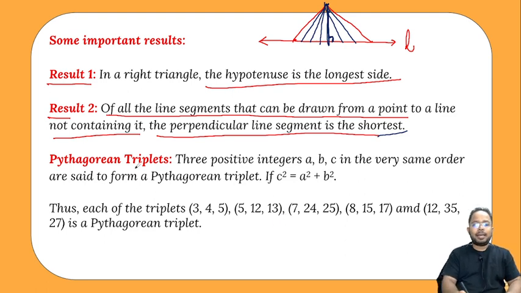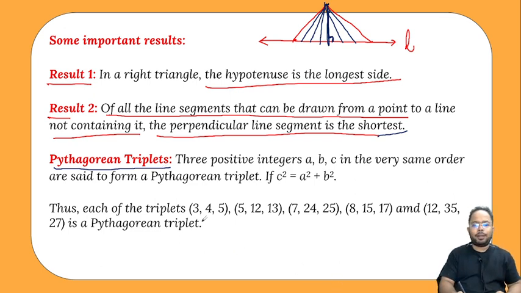And next is Pythagorean triplets. Pythagorean triplets means that three numbers have been taken in an order, and they form a right angle triangle, like 3, 4, 5.